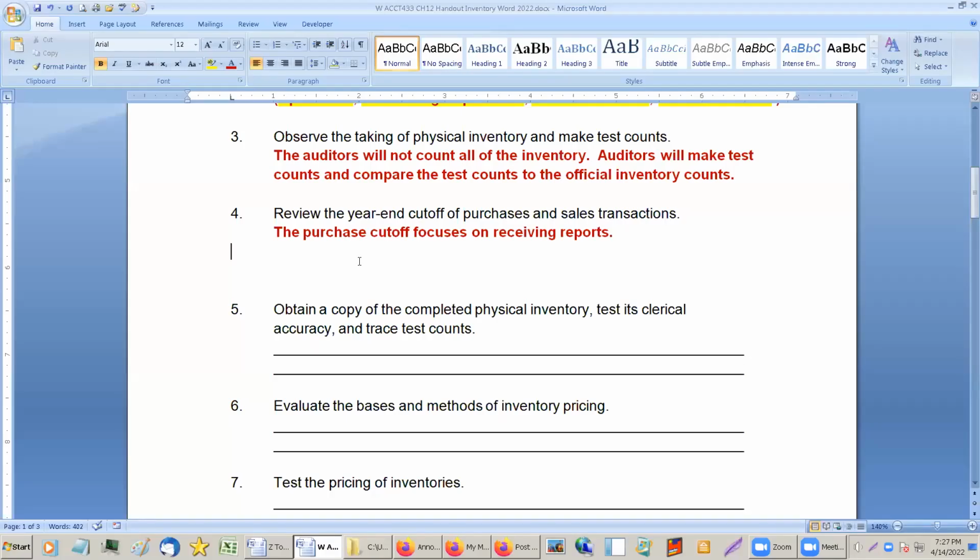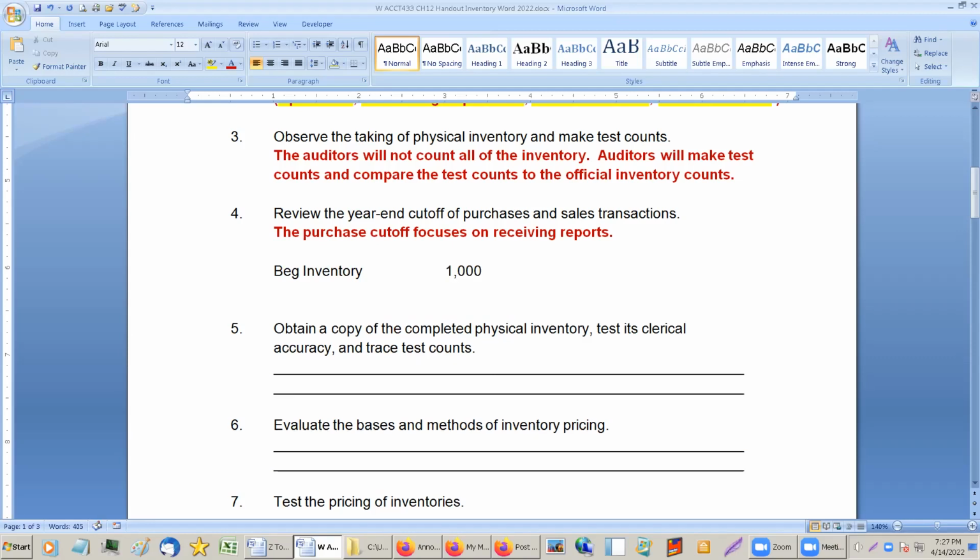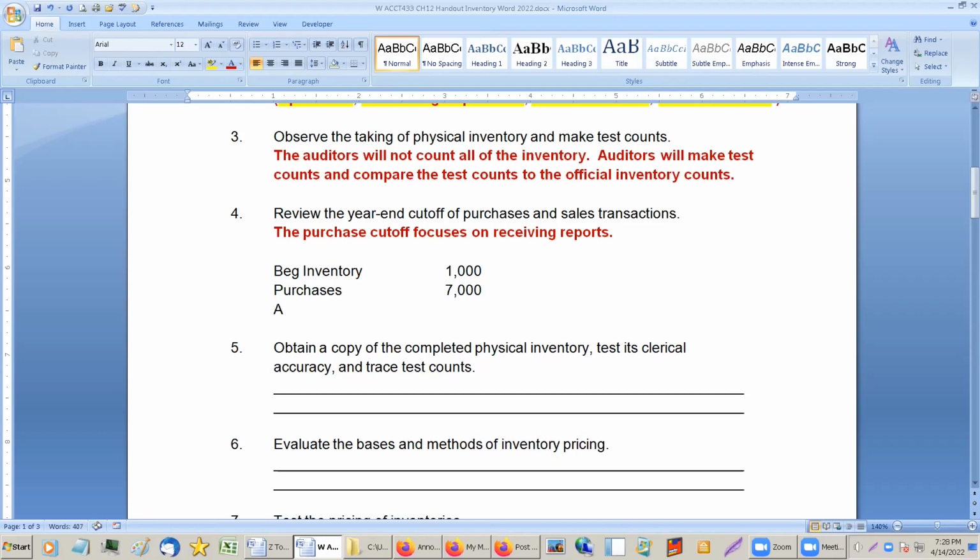Now, do you guys want me to show you how that comes about? It's basically like this. It has to do with cost of goods sold. I'm just making these numbers up. You have beginning inventory, you have purchases, inventory available.